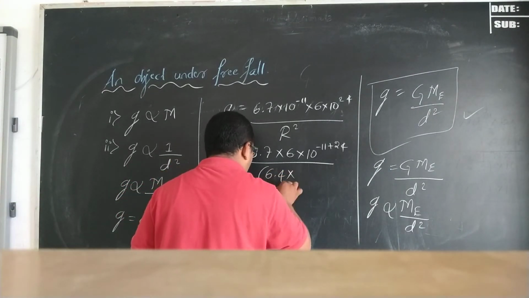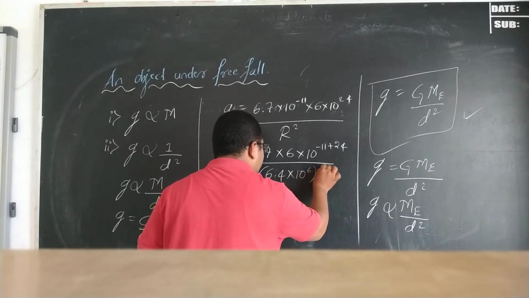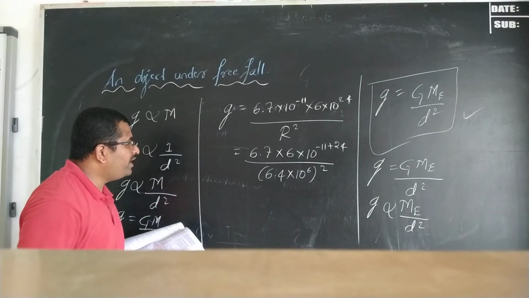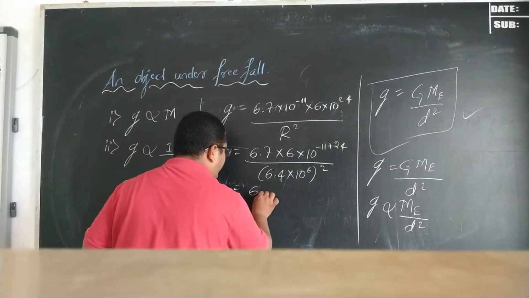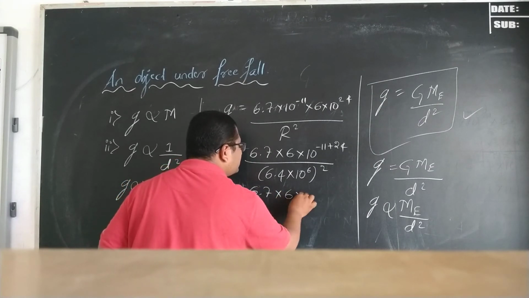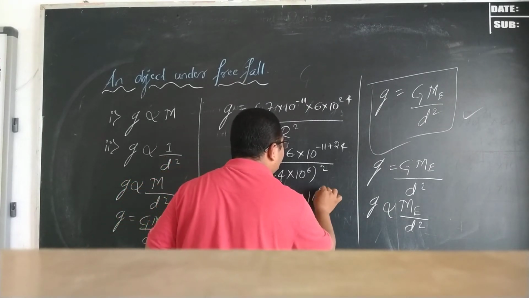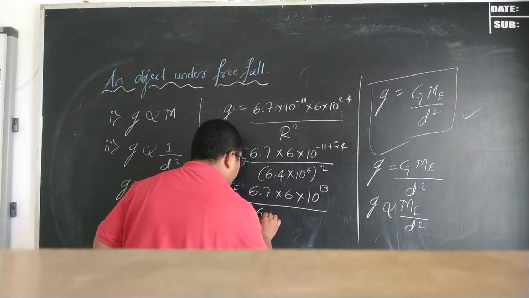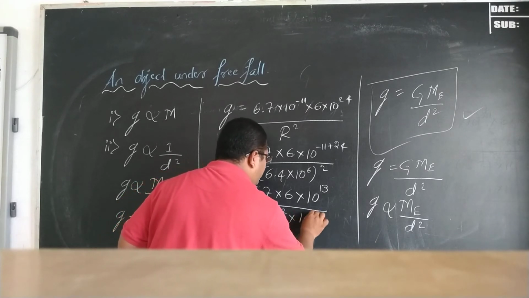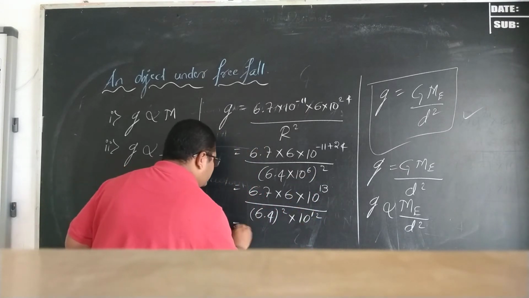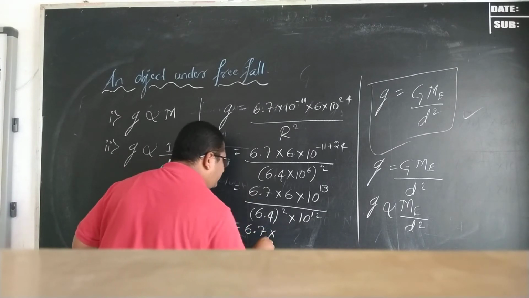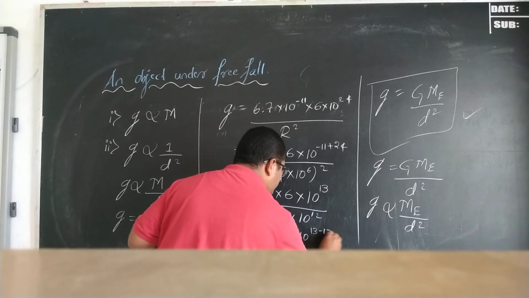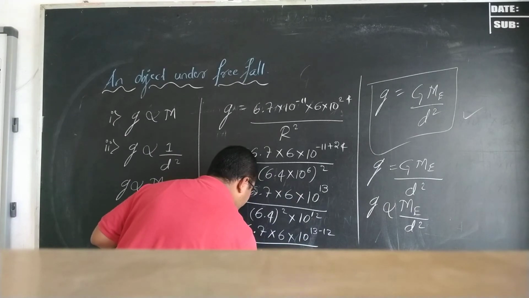The radius of the earth is a constant value, 6.4 × 10⁶, squared. After simplifying, one more step: 6.7 × 6 × 10¹³ divided by (6.4)² × 10¹². Next, this becomes 6.7 × 6 × 10^(13−12), by the law of exponents, divided by 6.4.